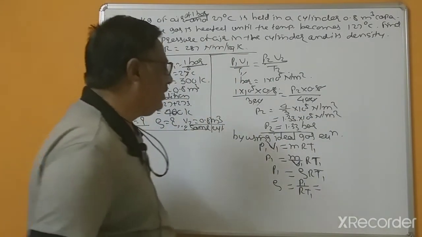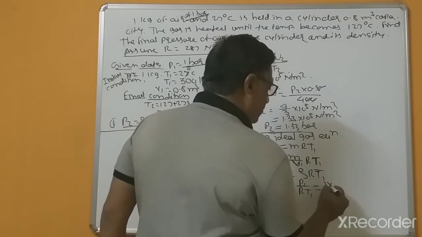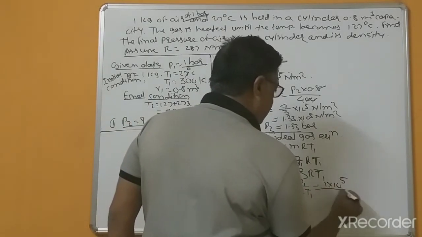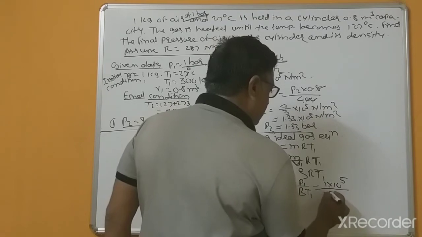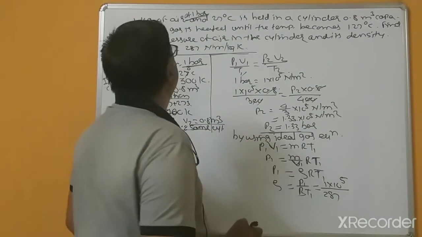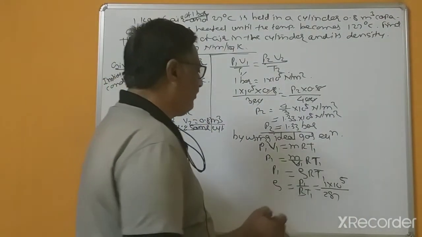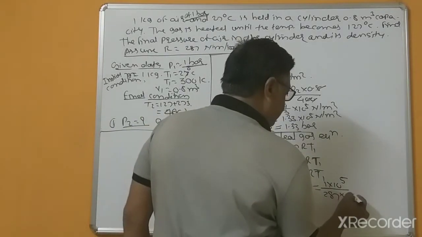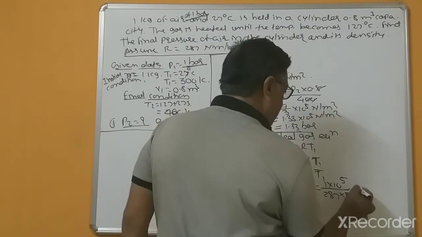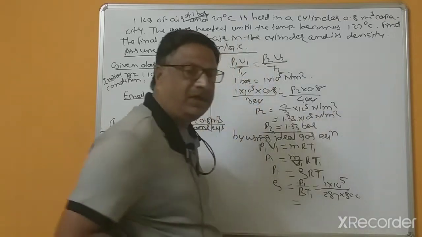Now P1 equal to 1 into 10 to the power 5 divided by R, 287, this is given, and this is 300 Kelvin temperature.